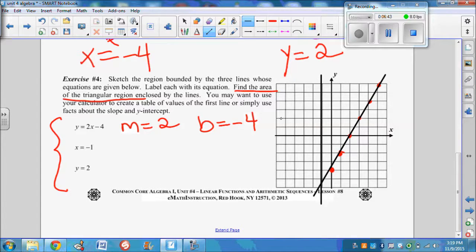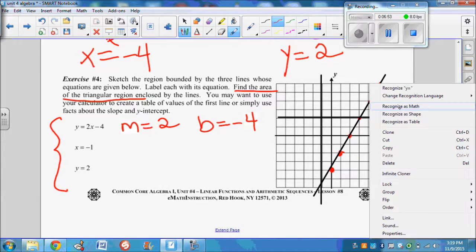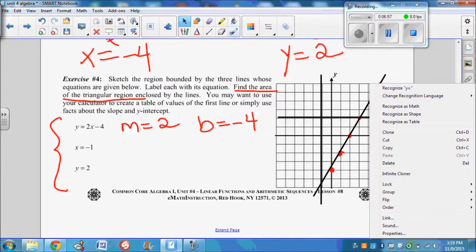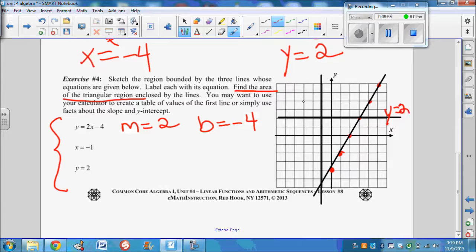And then y = 2 is a horizontal line going through where y equals 2. And they are encouraging us to make sure that we label those. So y = 2, if I could get that to label properly. There we go. x = -1, and y = 2x - 4.